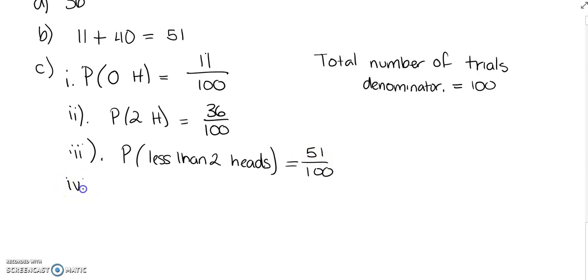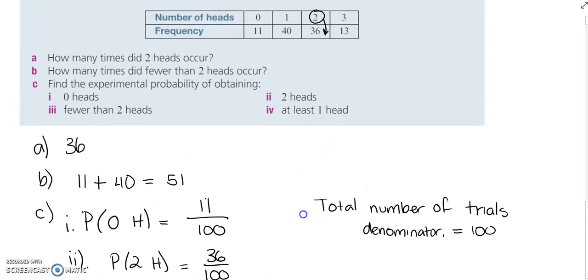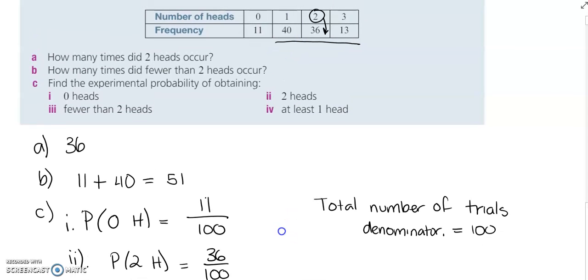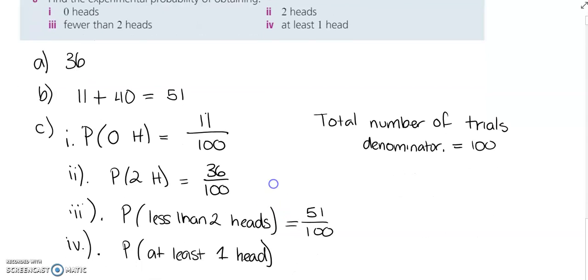And lucky last, we have the probability of at least 1 head. The way of thinking about this one is that if I've got at least 1 head, then this is the probability of 1, 2, and 3. Or I can treat it as everything but 0.